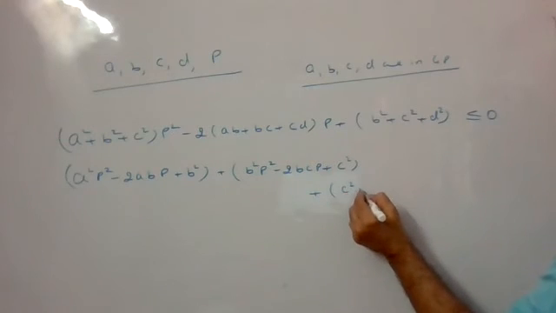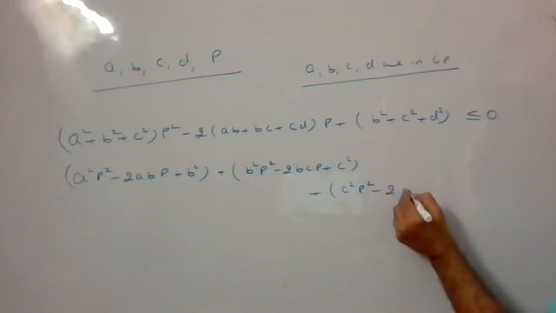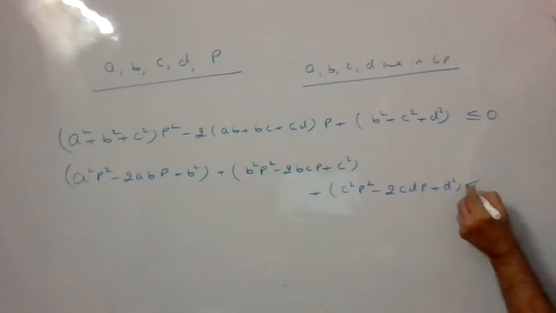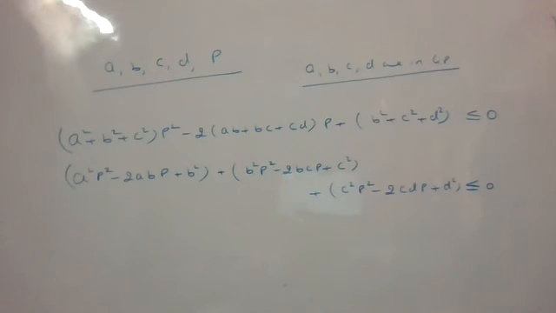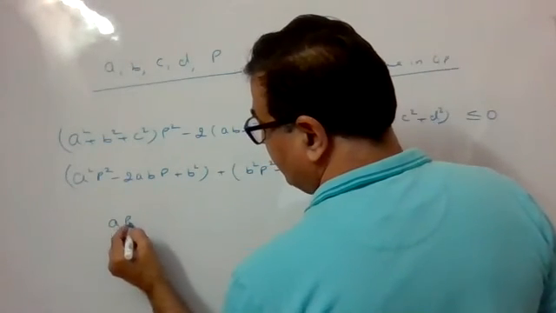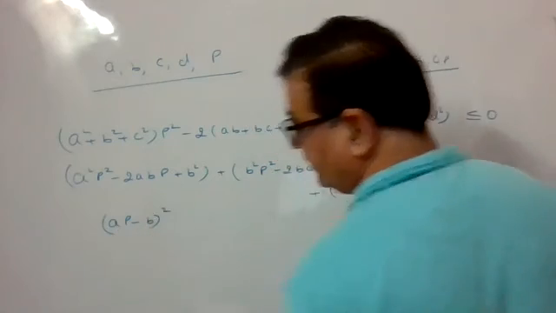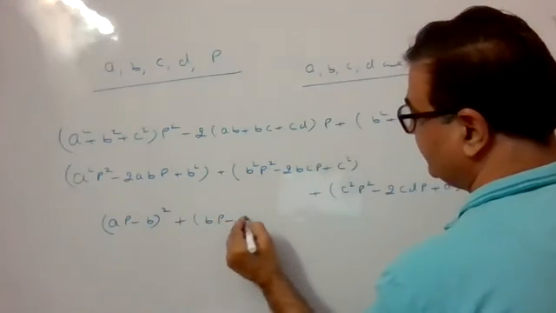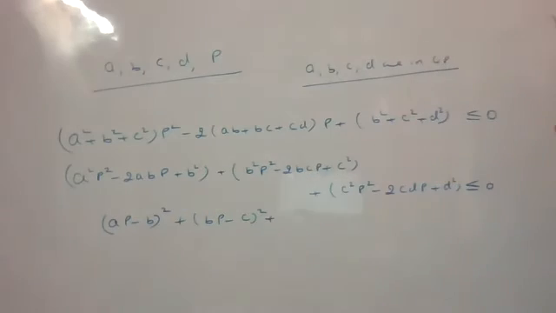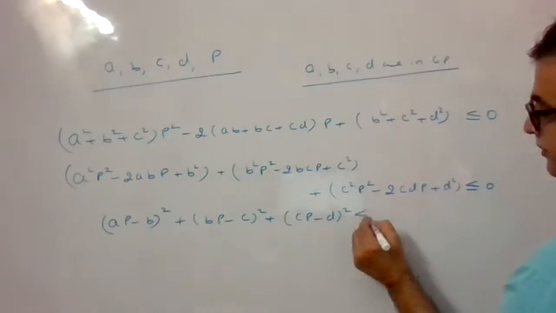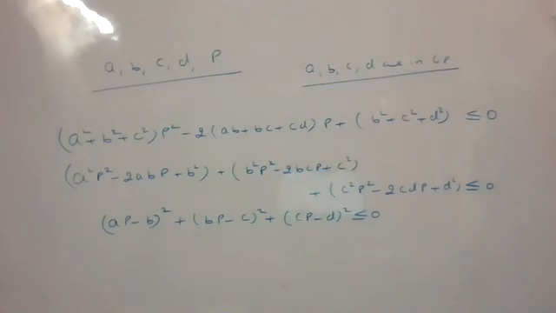Then C square P square minus twice CDP plus D square is less than or equal to 0. Then clearly this is a formula: AP minus B whole square, BP minus C whole square, and CP minus D whole square is less than or equal to 0.